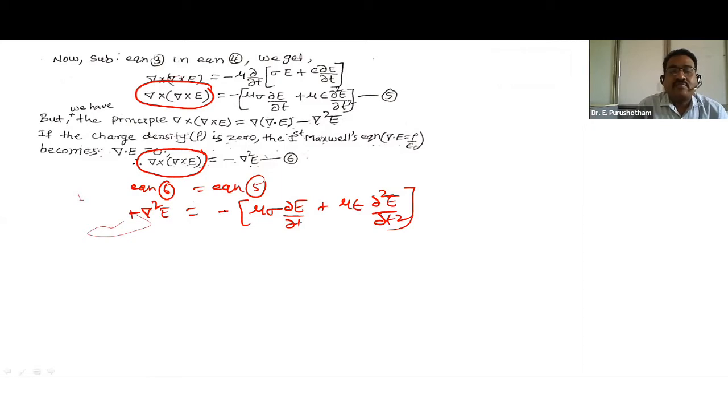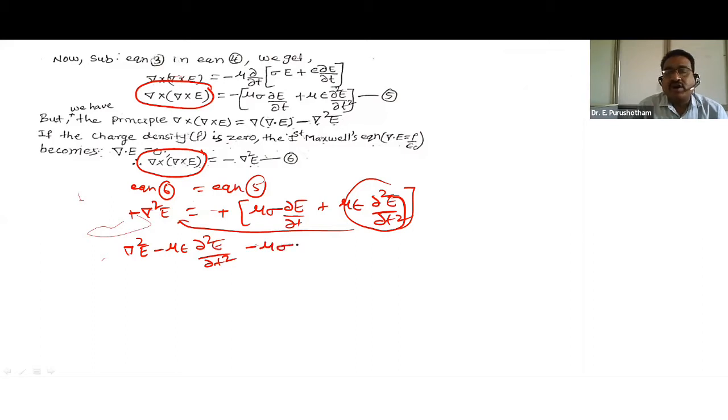Minus minus gets cancelled. Taking everything to the left side, del square E minus mu epsilon dou square E by dou T square minus mu sigma dou E by dou T is equal to 0. This is equation number 7. This equation is known as the three-dimensional electromagnetic wave equation.